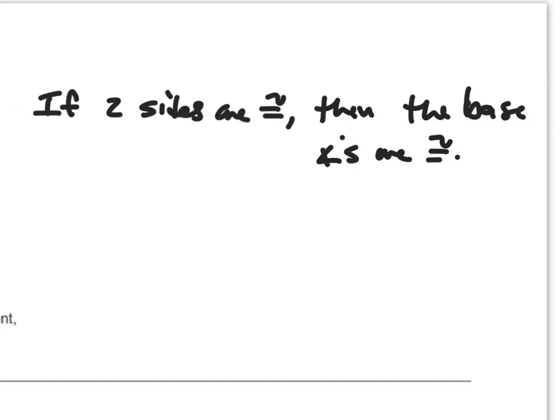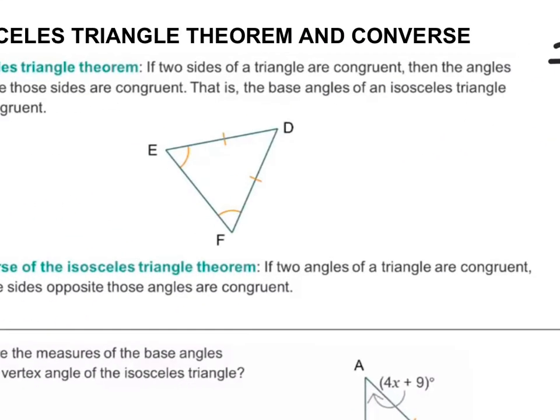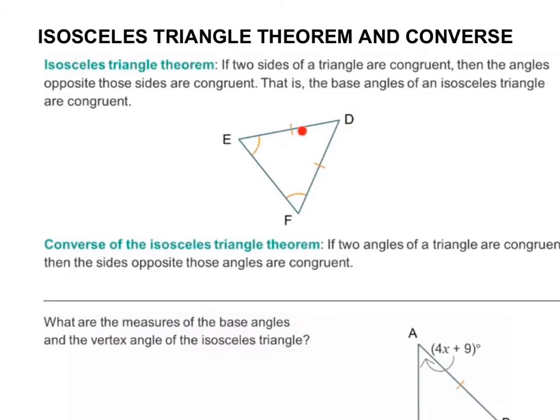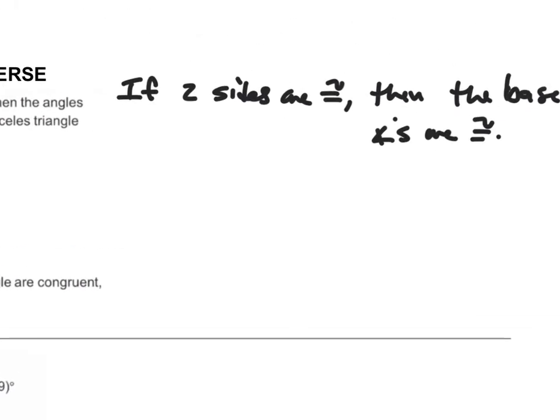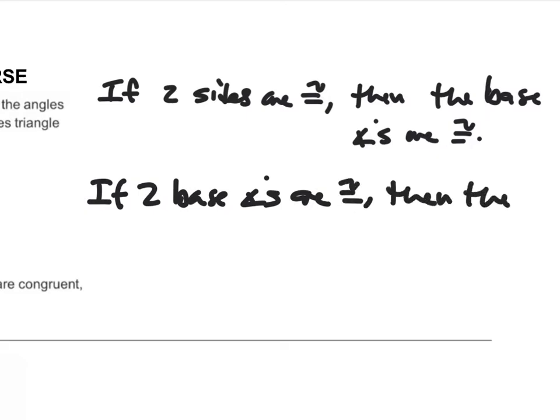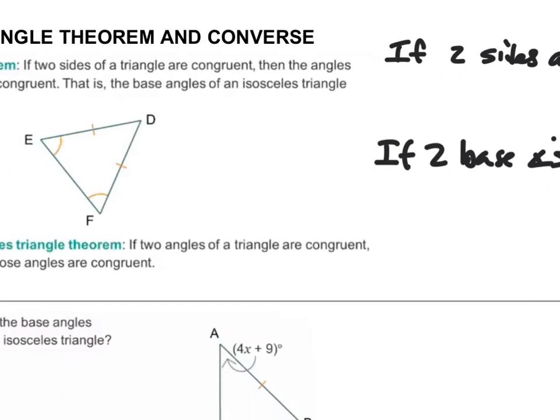And the converse is that if two base angles are congruent, then the two sides are congruent. That's all it's saying.